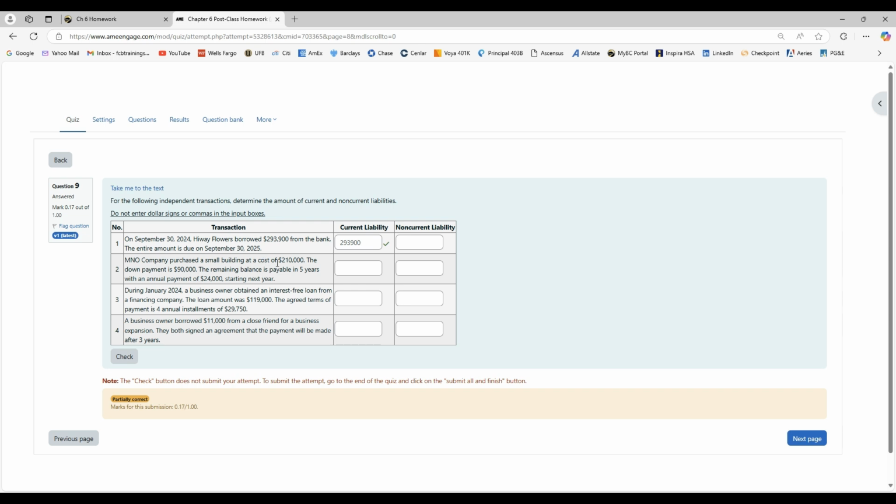This company purchased a small building at $210,000. Down payment is $90,000. Remaining balance payable in 5 years. Annual payment $24,000. So we have $210,000 minus the down payment of $90,000, which brings us to $120,000. And that $120,000 is going to be repaid in 5 years, so 5 $24,000 payments.